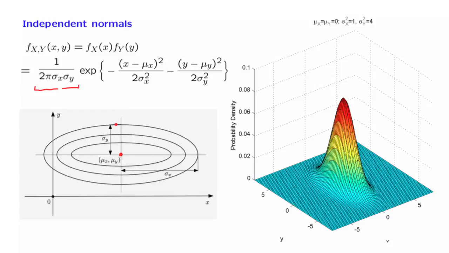If you wanted a bell that stretches in some diagonal direction, or if you have contours that are ellipses but with some different kinds of axes, then you will have dependence between the two random variables. In that case, we will be dealing with a so-called bivariate normal distribution, but we will not pursue this any further at this point.